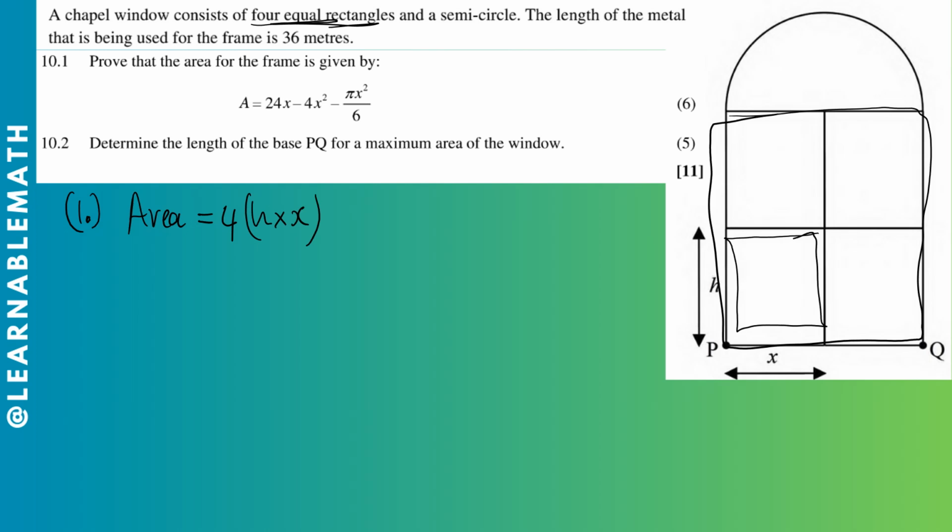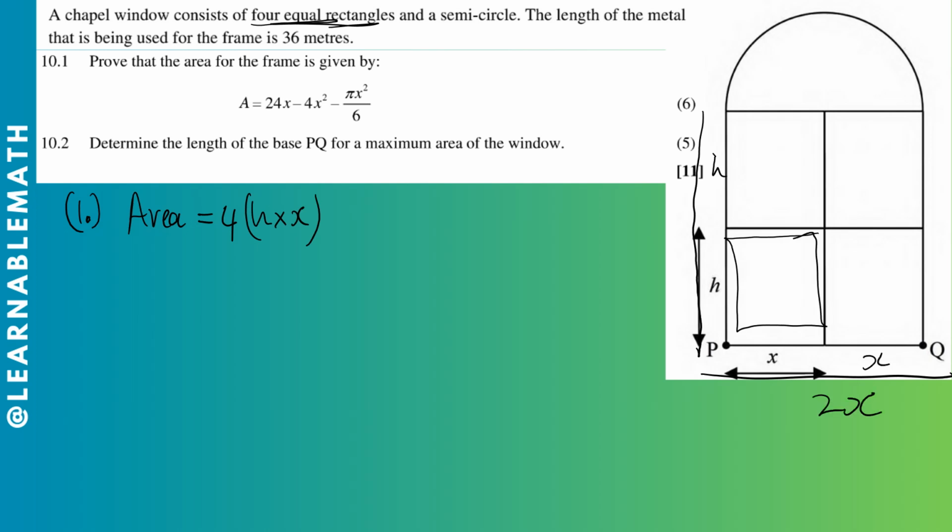Maybe some of you decided to calculate this whole length and this whole breadth, so this is h as well, this is x as well. So you have 2x and you have 2h. The area will be 2h times 2x, which will give you that 4hx. Okay, so that is it.